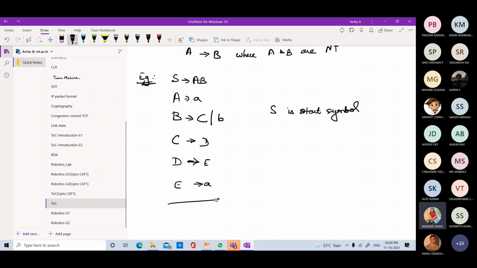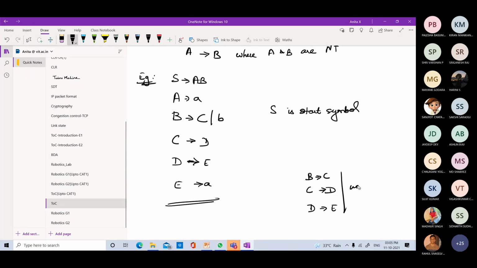C derives D, D derives D, D derives C, that's it. And what about E? B derives C, C also. Yes, so all these three are the unit productions. Productions of the form A derives B are called unit productions, where A and B are non-terminals. So here B derives C, C derives D, D derives E are the unit productions.